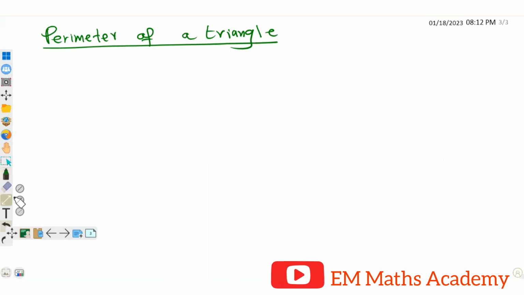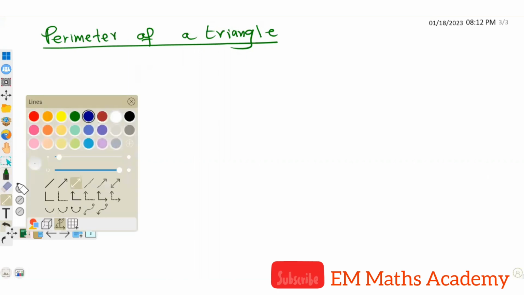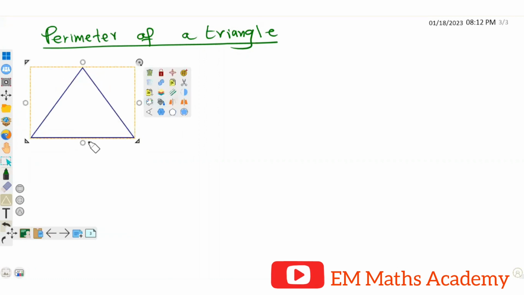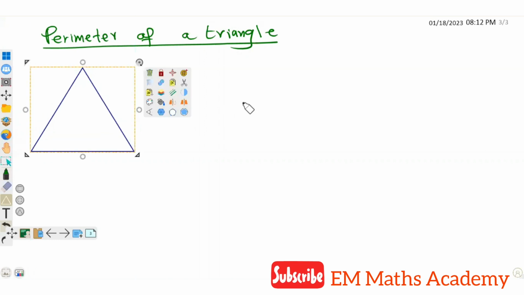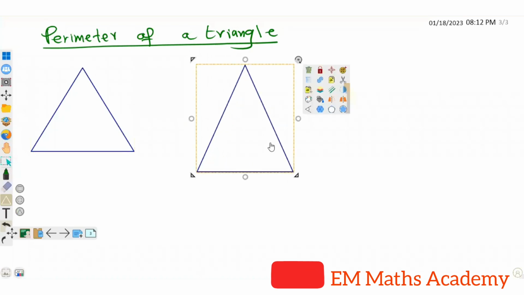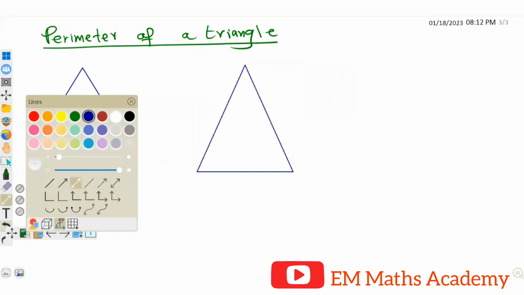But when it comes to the triangle, they are categorized by the length of the sides. Now, if the length of all the sides are equal, then what is it called? An equilateral triangle.